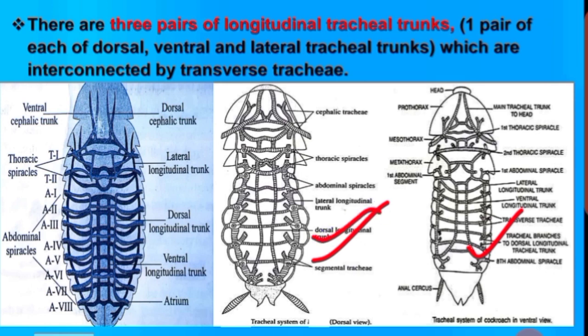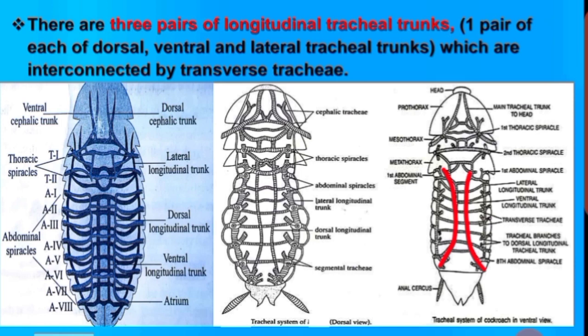Dorsal longitudinal trunk and ventral longitudinal trunk. See the picture, this is lateral, this is dorsal, and this tracheal trunk is ventral. Got it? Yes, dorsal longitudinal tracheal trunk and ventral longitudinal tracheal trunk.